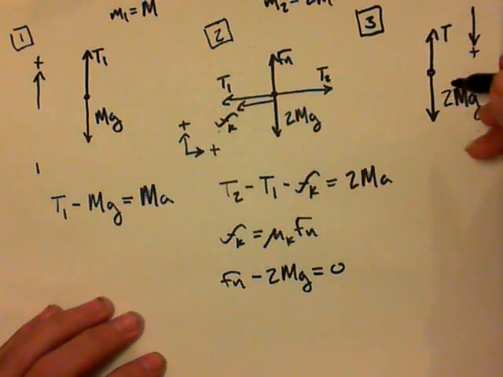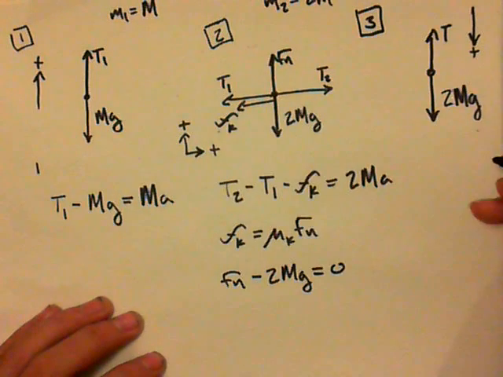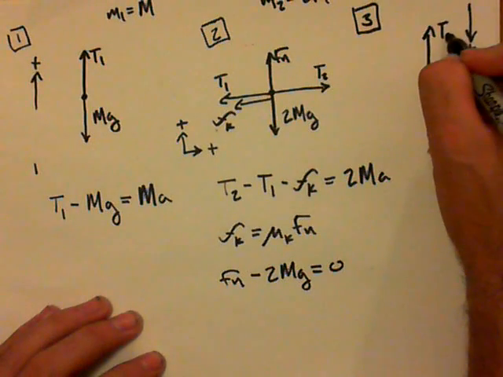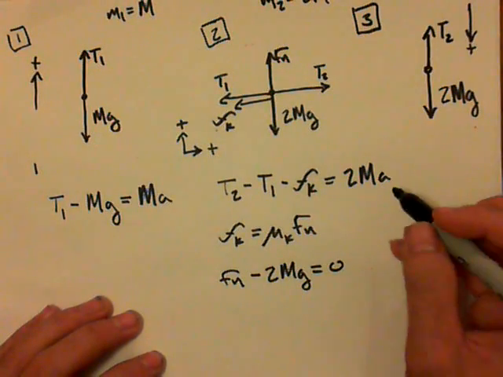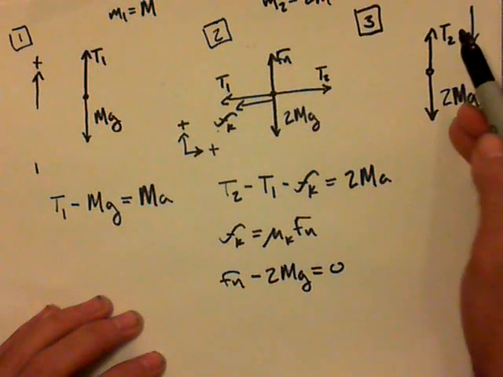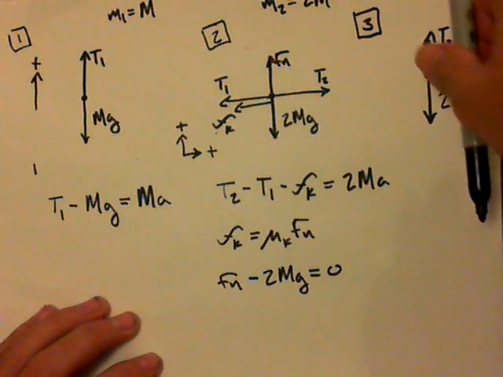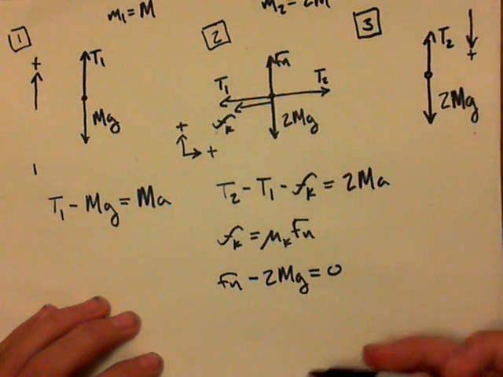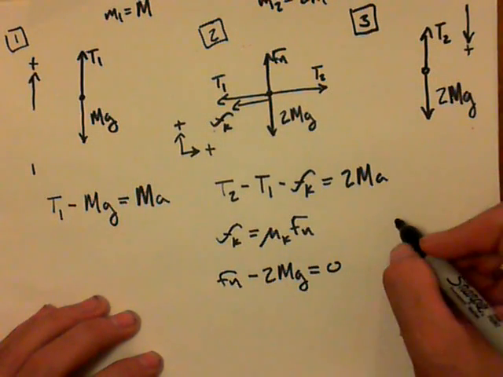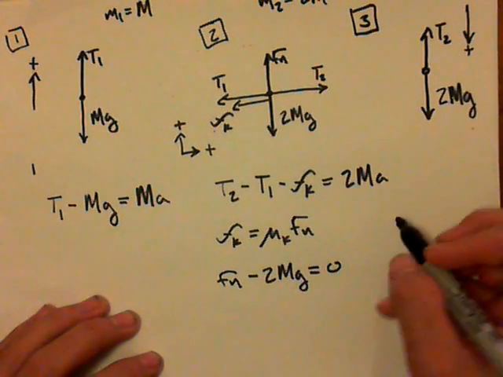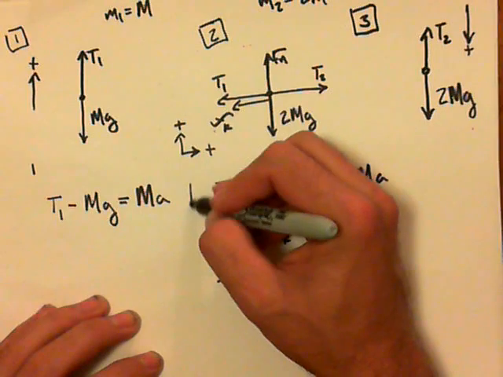Alright, so now for block 3, it's going to be pretty similar to this one. Let me put the little subscript on that. So T2 now is pulling in the negative direction because I already said that down is the positive direction. So we're going to have, I'm kind of getting stuck here in the corner. Put little lines in here.